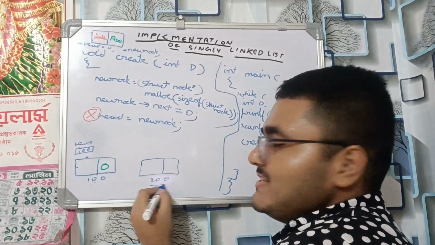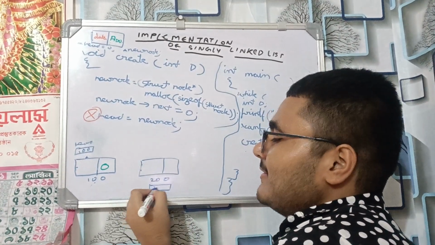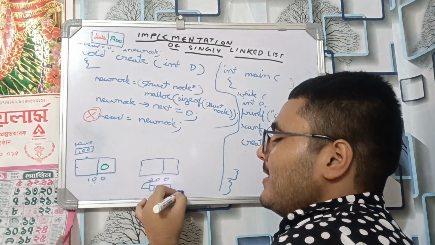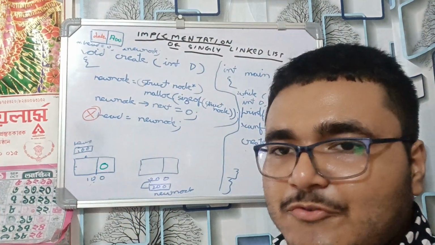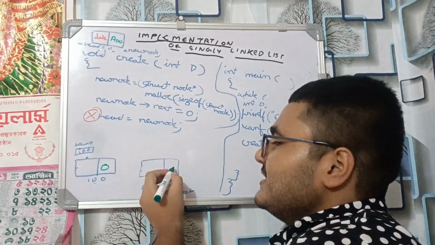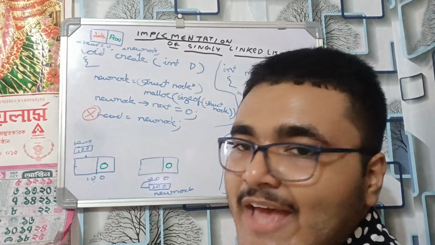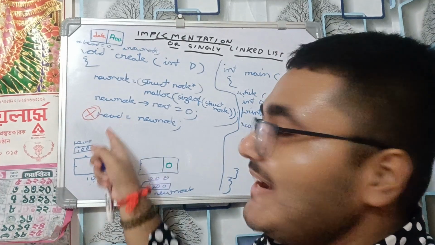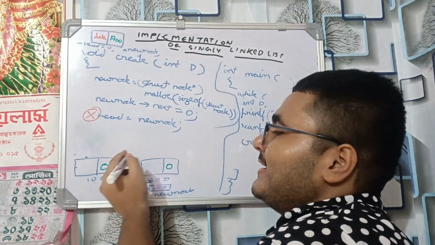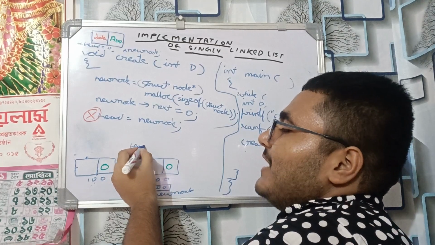Of course, this is our motto; in a linked list this is what will happen. If the user demands another node, then I have to create another node. So new node's next has turned to 0, and I am saying head equal to new node. So head is now pointing to 200. Head's value became 200.